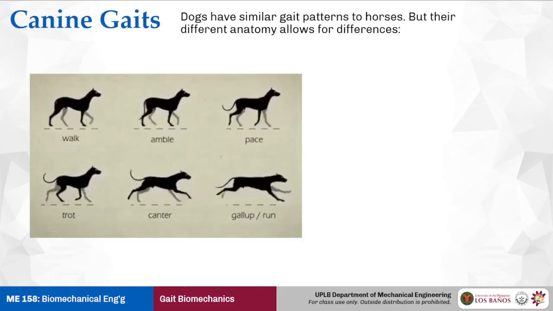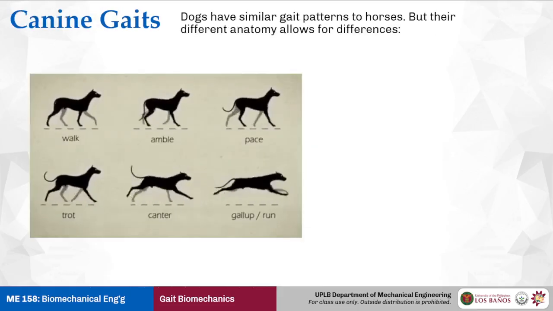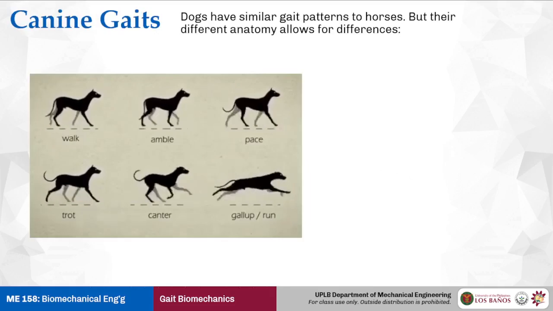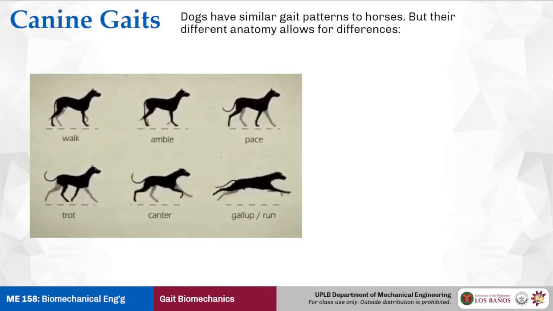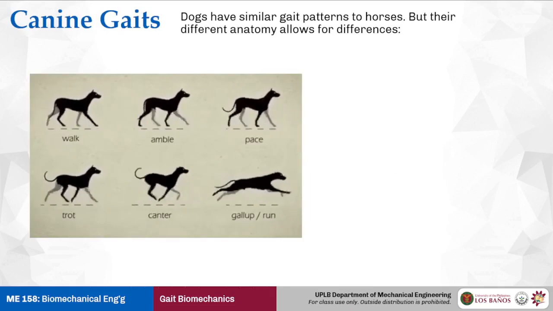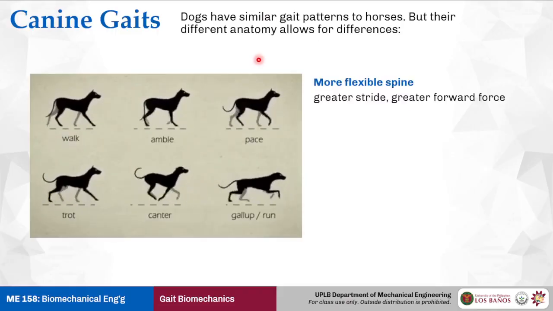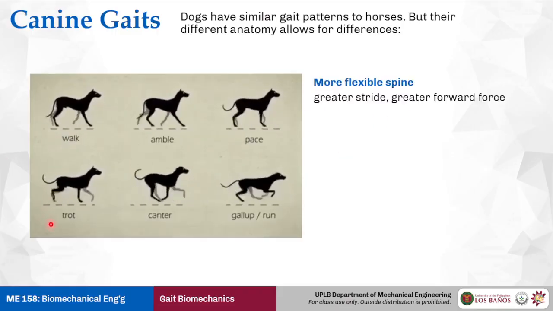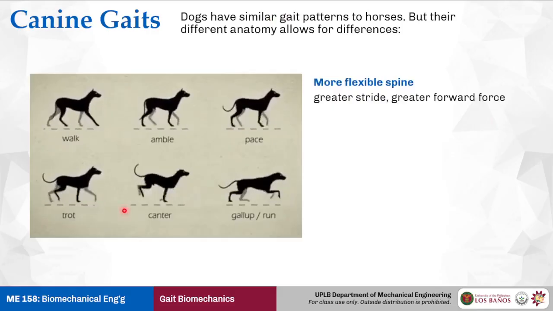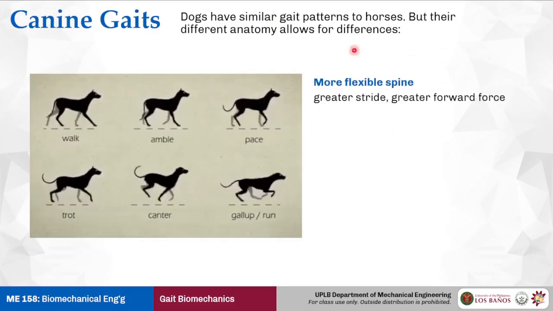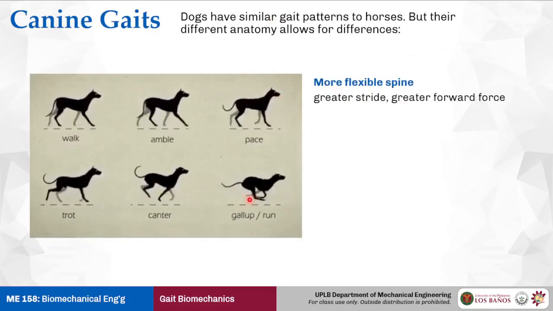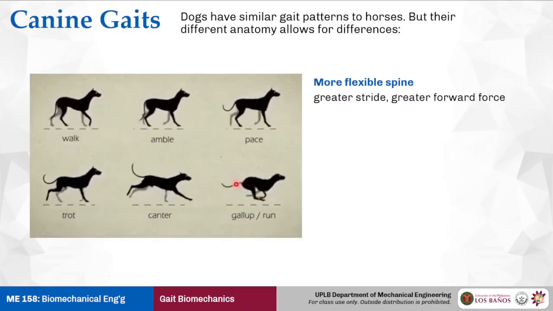For the canine gaits, they have a similar variety in the number of gaits that they can assume. But one thing that distinguishes canines and felines from horses is that their spine is more flexible. You can see here, the gallop of the dog has a lot more flexing of the spine involved.